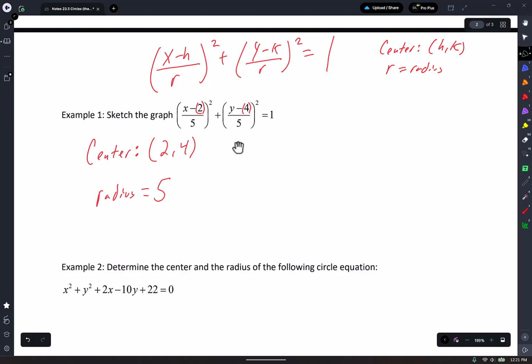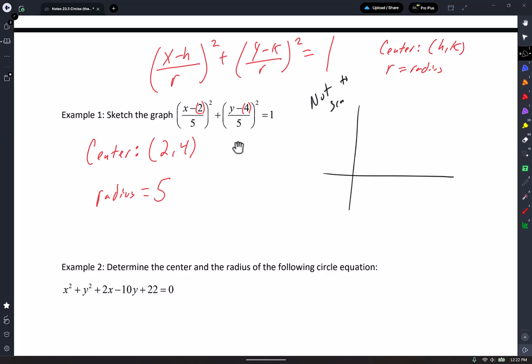All I'm doing is drawing an x-axis and a y-axis. It's not to scale. I'm going to put my center. I'm going to say 2, 4 is right here. What's my radius? So I'm going to go 5 up, 5 down from the center, and then 5 right, 5 left from the center.